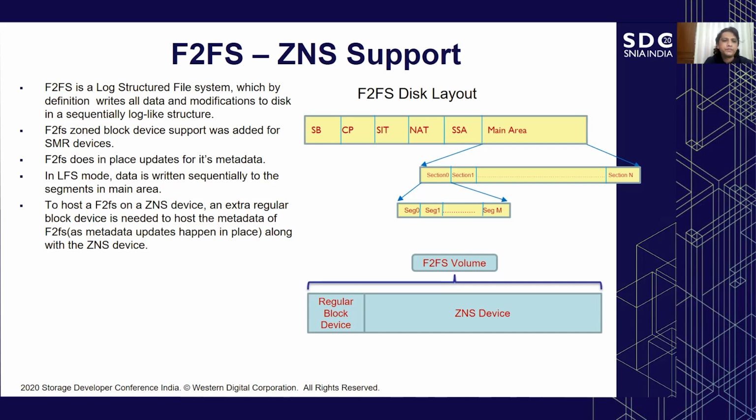F2FS does in-place updates for its metadata, and in LFS mode, data is written sequentially to the segments in the main area. In non-LFS mode, F2FS sometimes does in-place updates to data also. So we need to have it in LFS mode. And to host F2FS on a ZNS device, an extra regular block device is needed to host the metadata of F2FS along with the ZNS device.